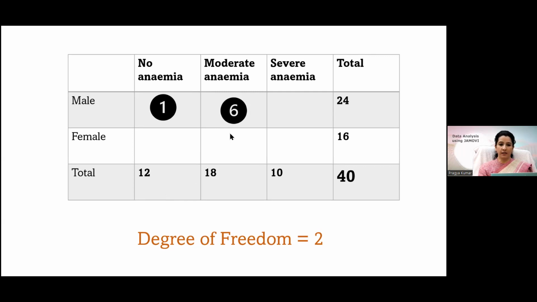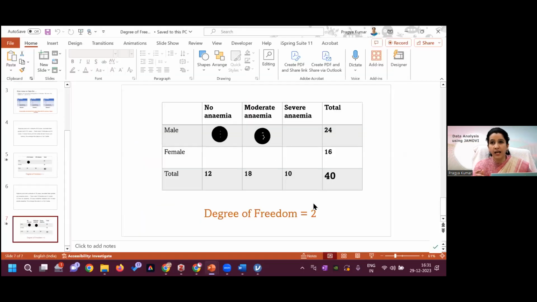You can try this out. Either I can choose 1 or 6, 2 or 3, and then the moment I choose these 2 cells, the other 4 are fixed. So the degree of freedom for this 2 by 3 table is 2. How do you calculate? 3 minus 1, because there are 3 columns and 2 rows, so 3 minus 1 into 2 minus 1. Ultimately, it is 2. This is how we understand degree of freedom.